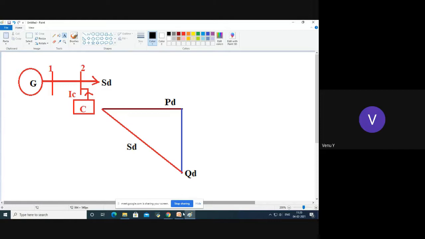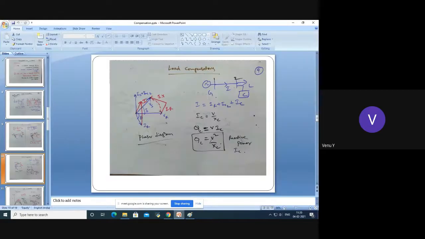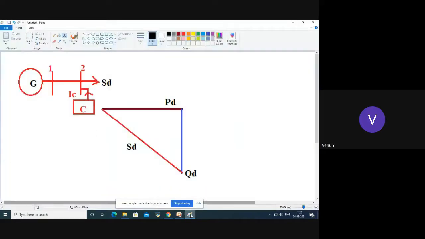Now, in the previous slide, you have seen that this is the QC. QC is equal to V square by XC, and hence this QC you need to draw here. So this is a reactive power. If you supply a reactive power exactly equal to QD, then what happens?